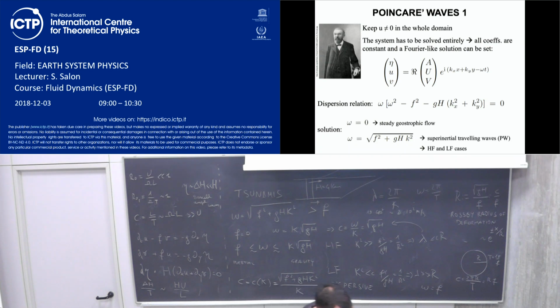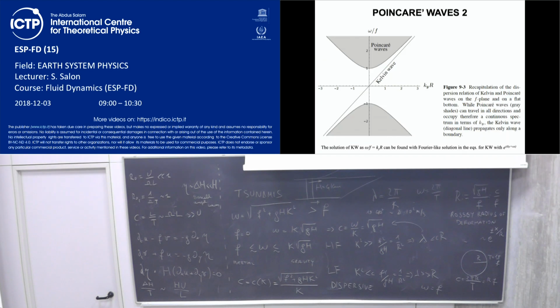Good, so we can put our dispersion relationship on a Cartesian plot which has k_y R on the x axis and omega over f on the y axis.